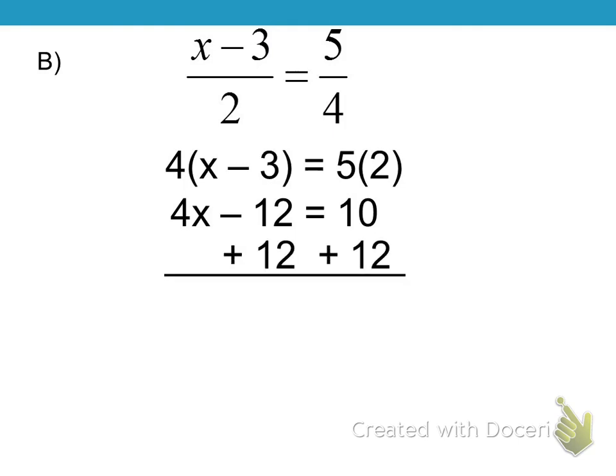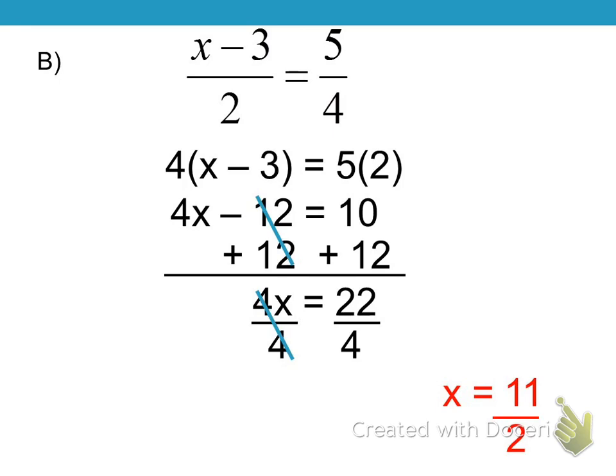Yep, add 12. 4x equals 22. Divide by 4. And then reduce. So they're both divisible by 2. So we get 11 over 2. Questions?